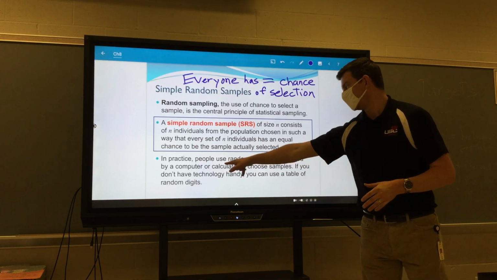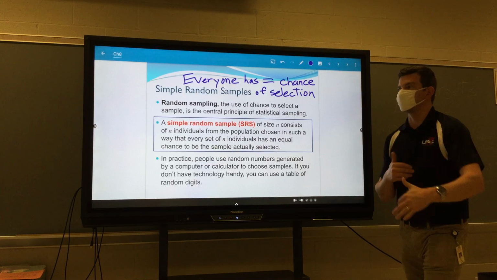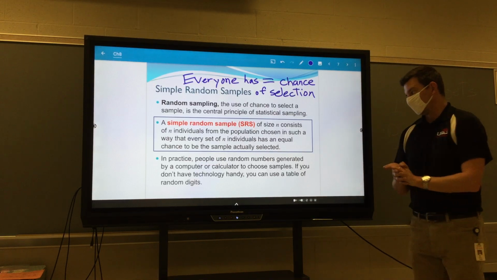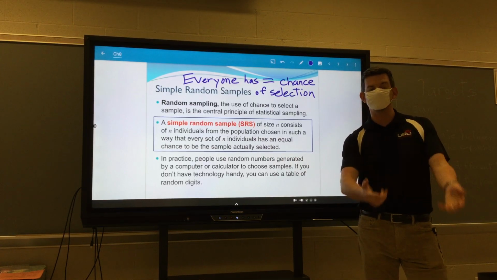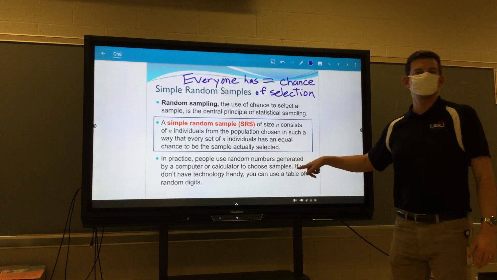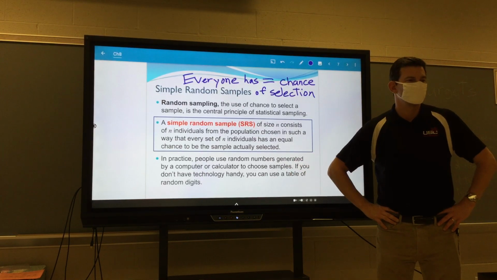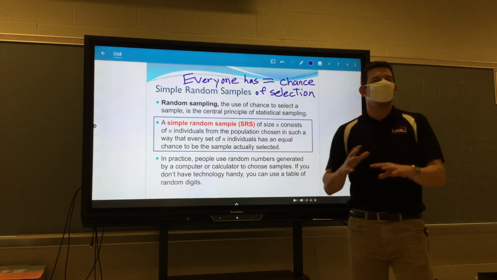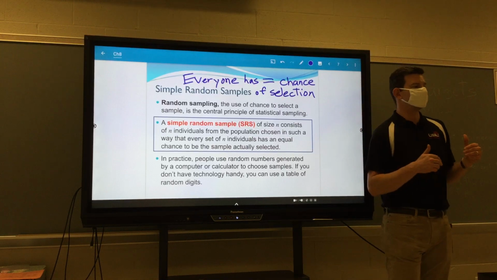Now, in practice, to implement this randomness, people use random number generators either on the computer or the calculator. I'll show you that. I love this sentence here because it says if you don't have technology handy, you can use a table of random digits. When would you not have technology available, but you do have a table of random digits?